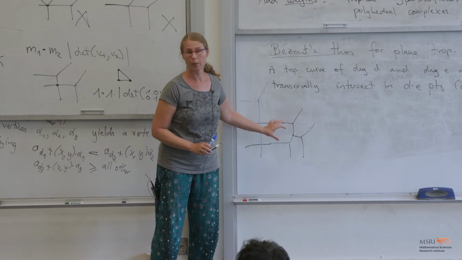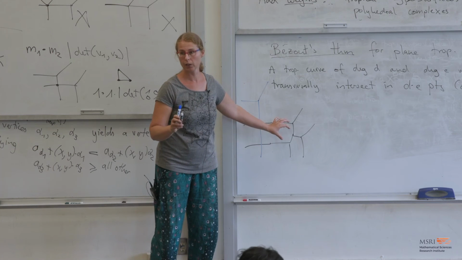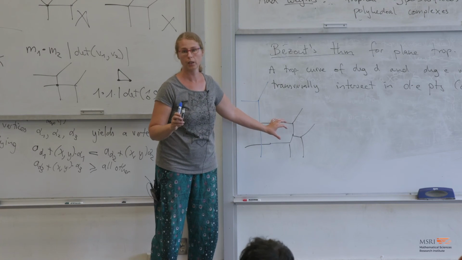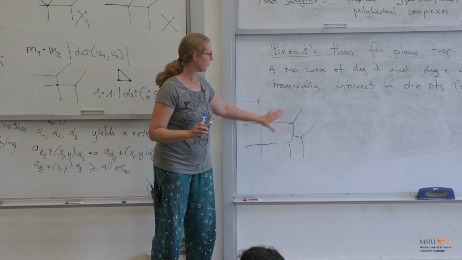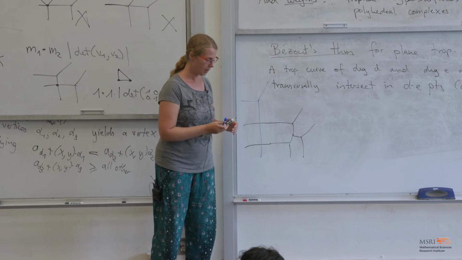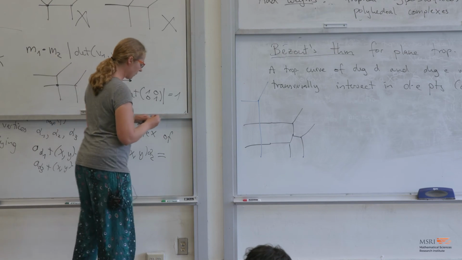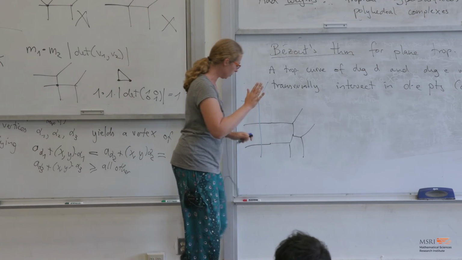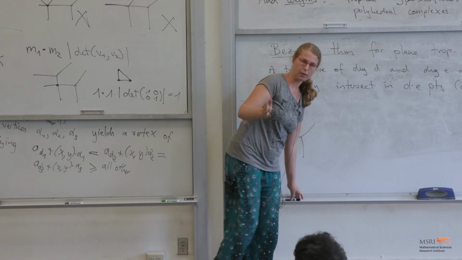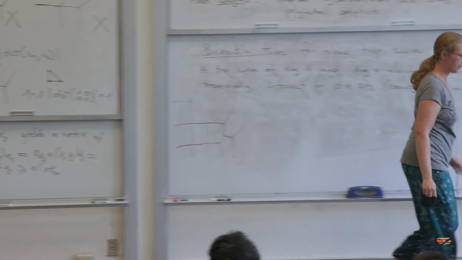But the vertices of my tropical curve, they satisfy the balancing condition. And this is the main point. If you use that, then you will see that this number of points actually stays constant. And this is sort of already the proof of Bézout's theorem. Details have to be filled in, of course.